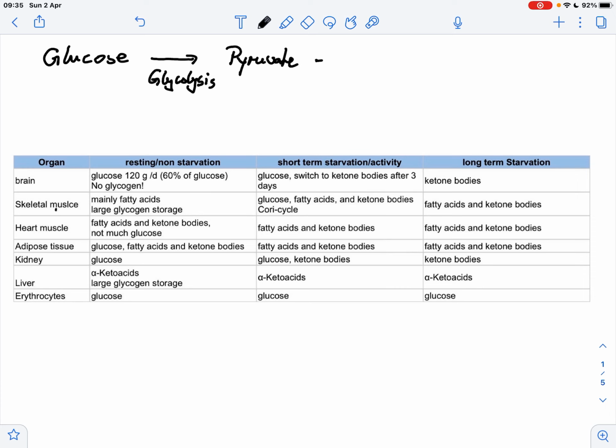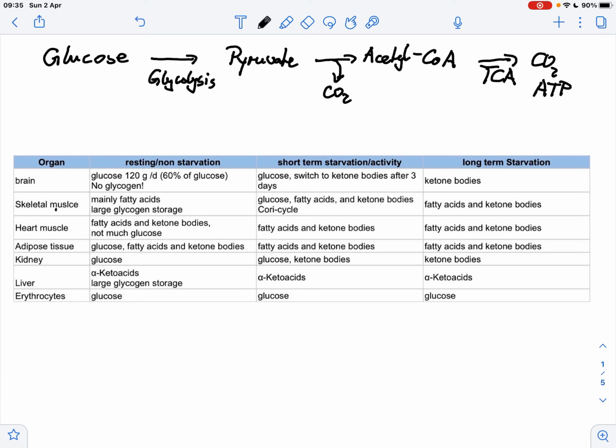The pyruvate in the link reaction will produce carbon dioxide, and we produce acetyl-CoA. And this acetyl-CoA then of course can go into the TCA cycle in the mitochondria and produce carbon dioxide and a lot of ATP.